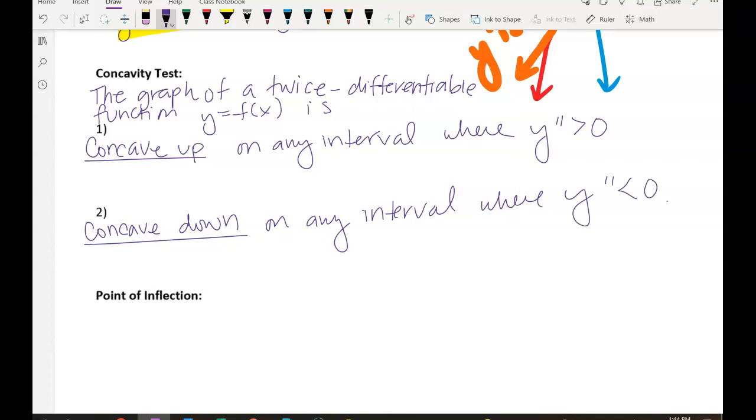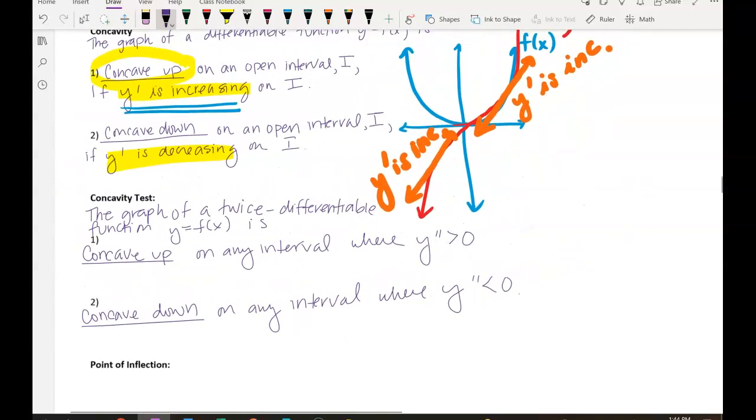Okay, so now let's go back to what we're talking about. As you can see, earlier the definition of concavity says y prime is increasing. But the test down here says, hey, if you do the double derivative, it has to be positive. Positive means the slope of the slope is positive.